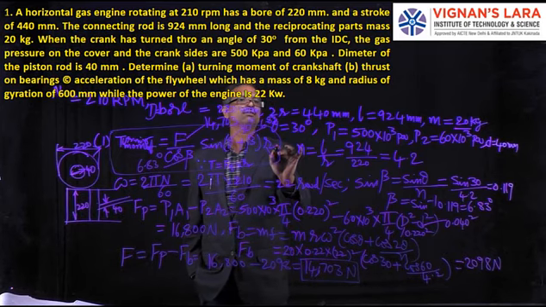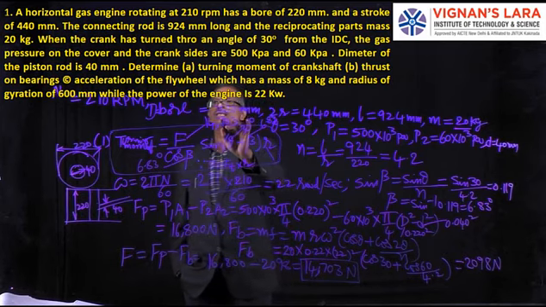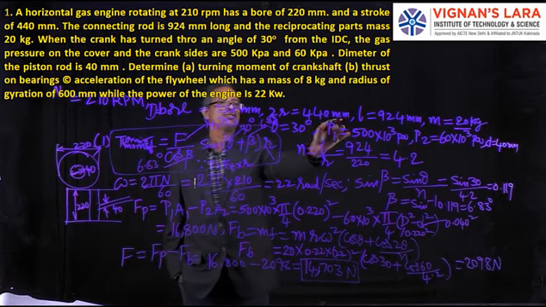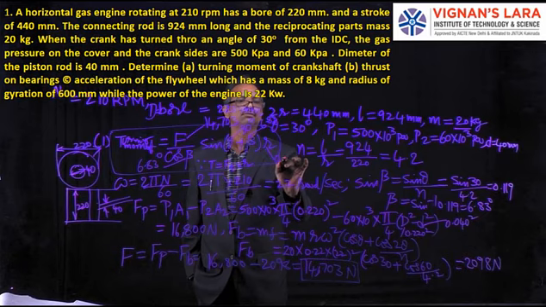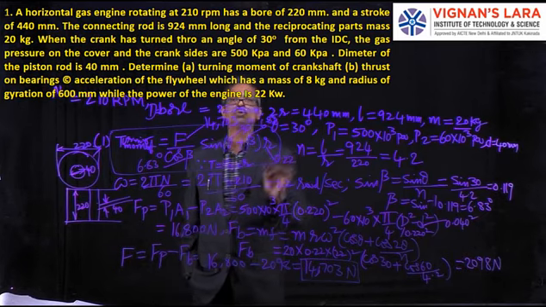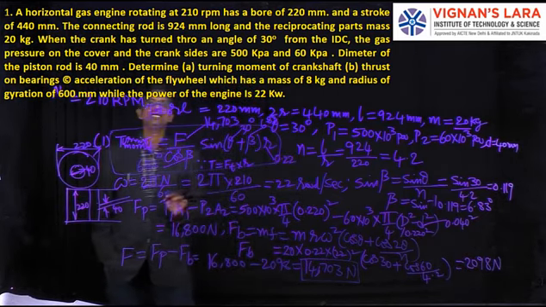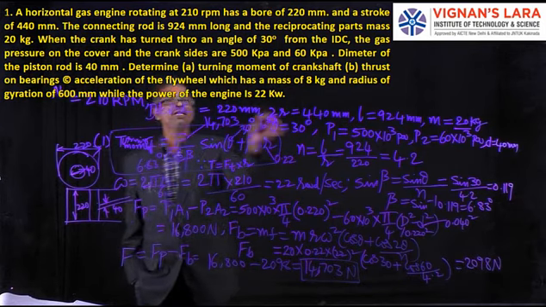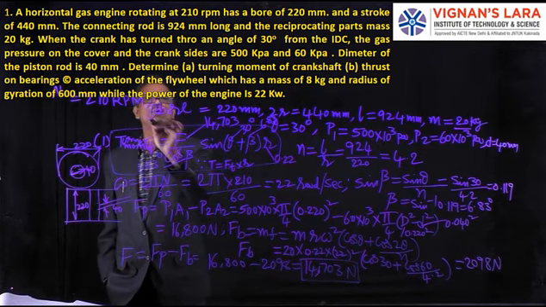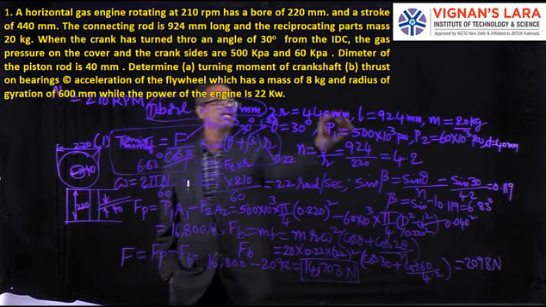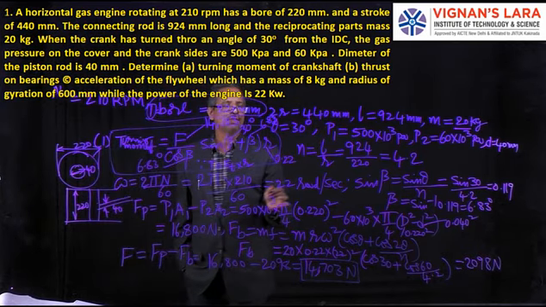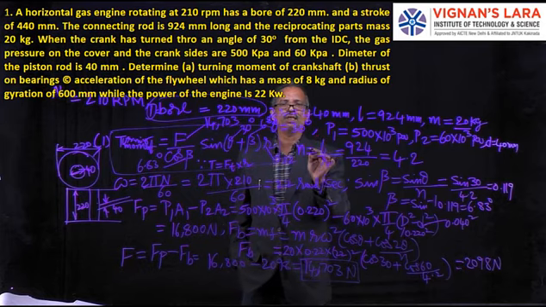So bore is 440, this R is 220. So this is different and this is different. This is the bore of the cylinder, and this is the radius of the crank. It is what it is given.